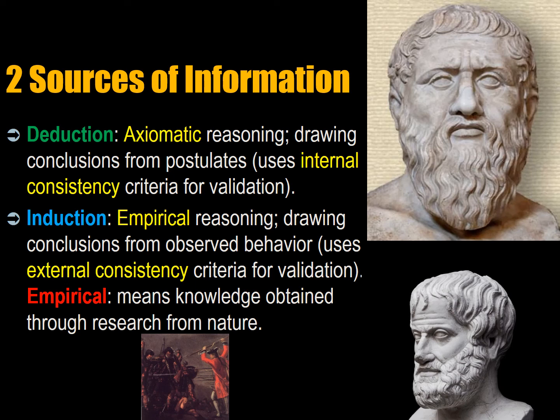So you're drawing conclusions from observed behavior. This uses external consistency criteria for validation. It looks at nature and tries to determine whether this phenomenon is present or not in nature. For example, if we want to know where war is most frequent, we have to go out into nature and make a count. Where are the wars happening?